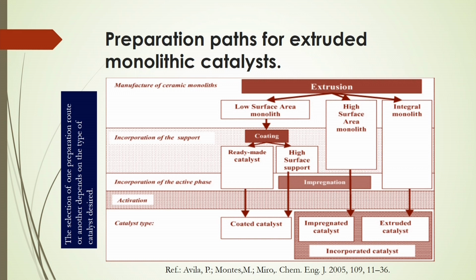After that, you have to coat these extruded materials, the low or high surface area monolith, even the integral monolith, with a certain catalyst surface, a suitable catalyst material. This is called incorporation of the support.